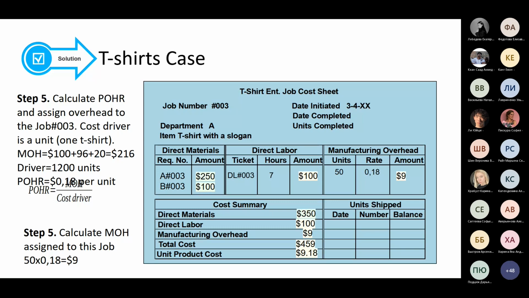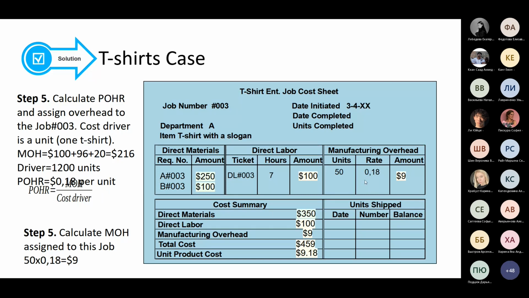And our total number of units that this entrepreneur could produce per period is 1,200 units. And we calculate predetermined overhead rate, dividing 216 by 1,200. It's 0.18. And this predetermined overhead rate is going to the job cost sheet.